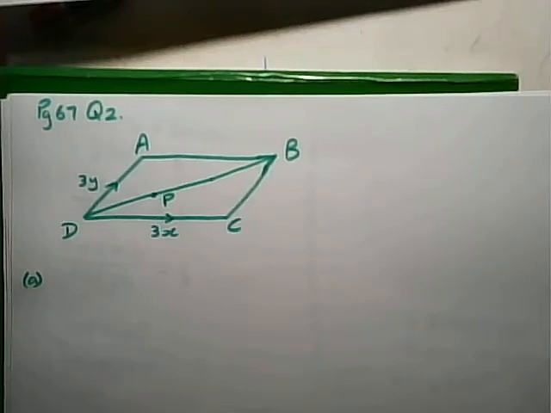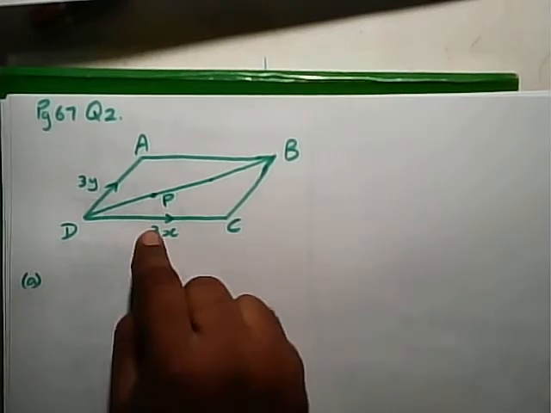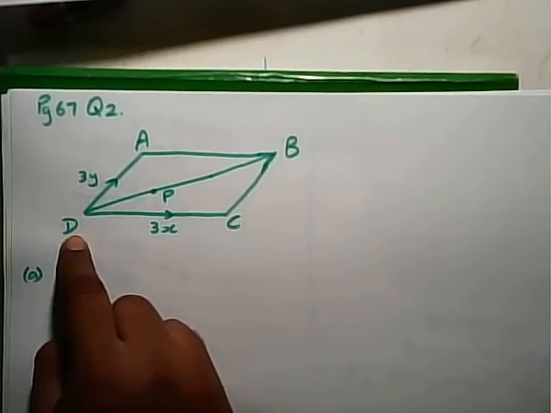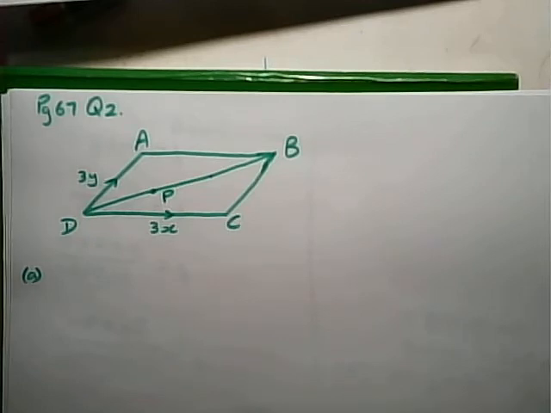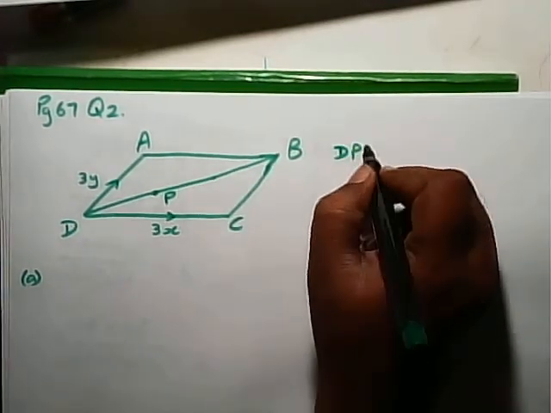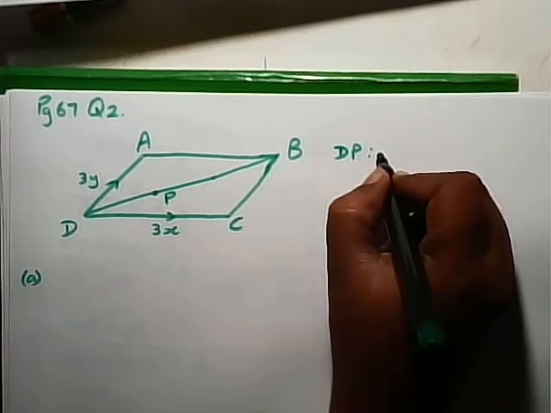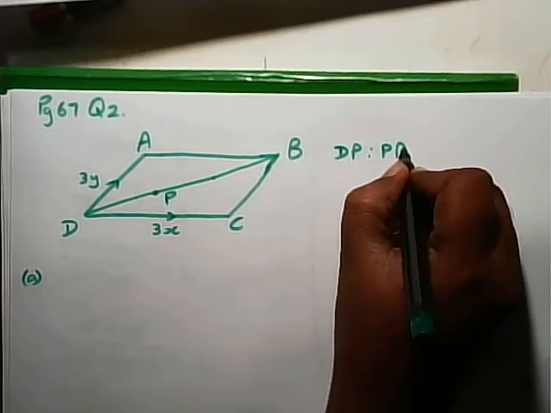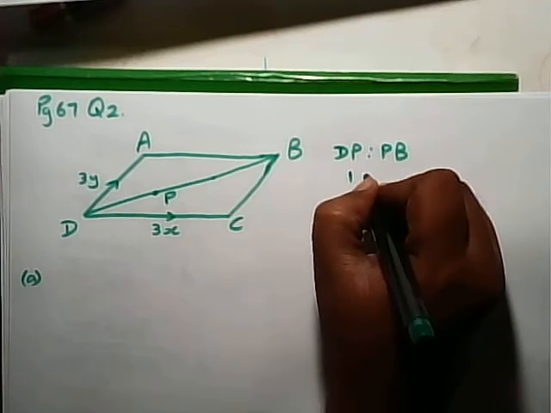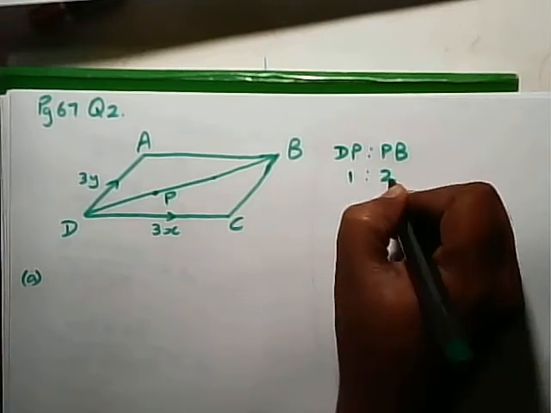Okay, this is page 67, question 2, part A. We have a parallelogram called ABCD. We're told that DP compared to PB is the ratio 1 to 2.